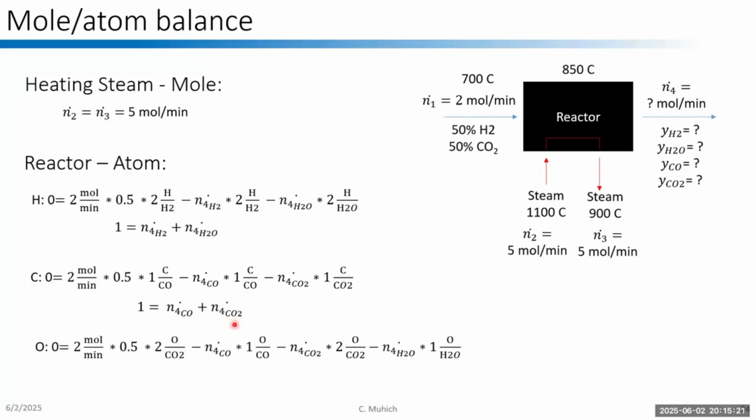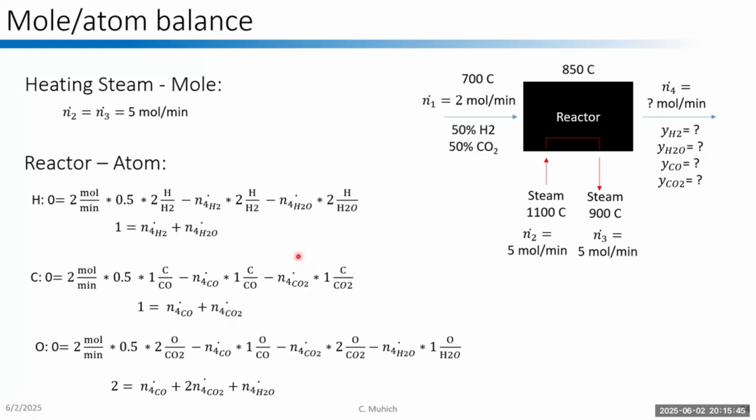And then lastly, I can do the same thing with oxygen, and I'm left with 2 equals the molar flow rate of CO leaving in stream 4, plus 2 times the molar flow rate of CO2 in stream 4, plus the molar flow rate of water in stream 4.